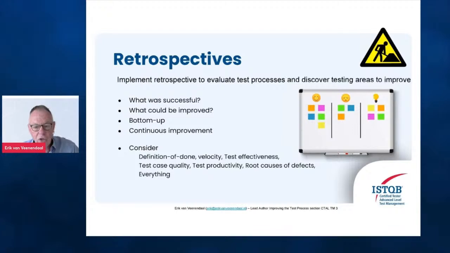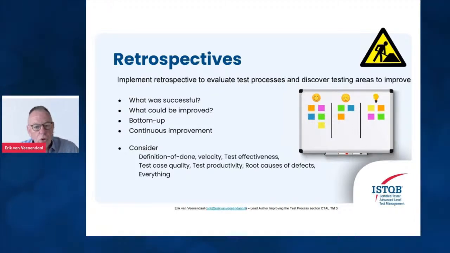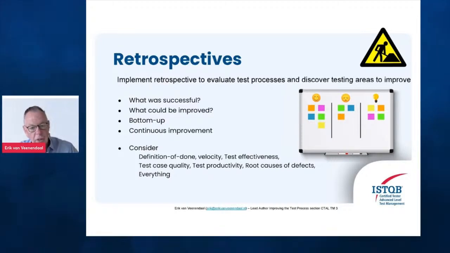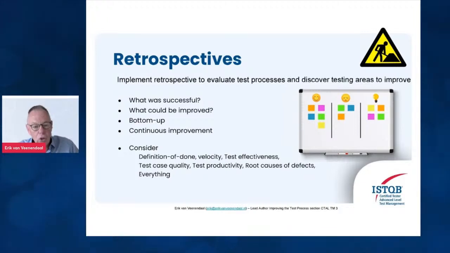And as I said already, last but certainly not least, we will talk, and not only talk, there will be exercises on that. And this is, I would say, the most important part of the section. We'll talk about retrospectives. We'll teach you retrospectives, but also you will learn how to implement this in your team, in your project.